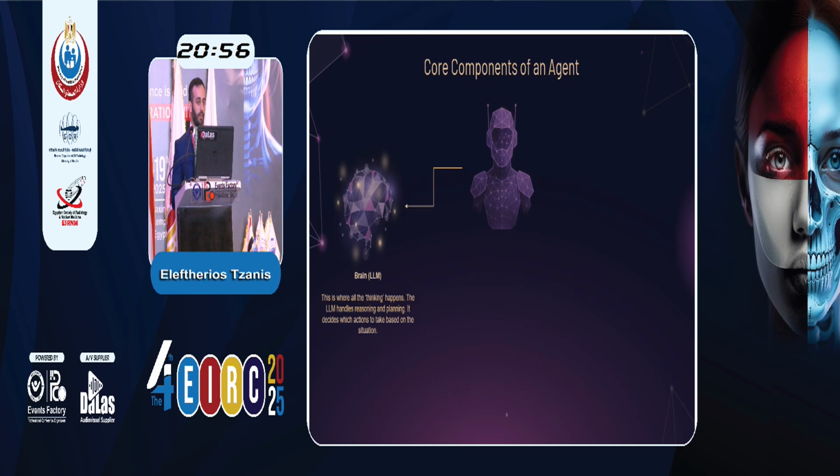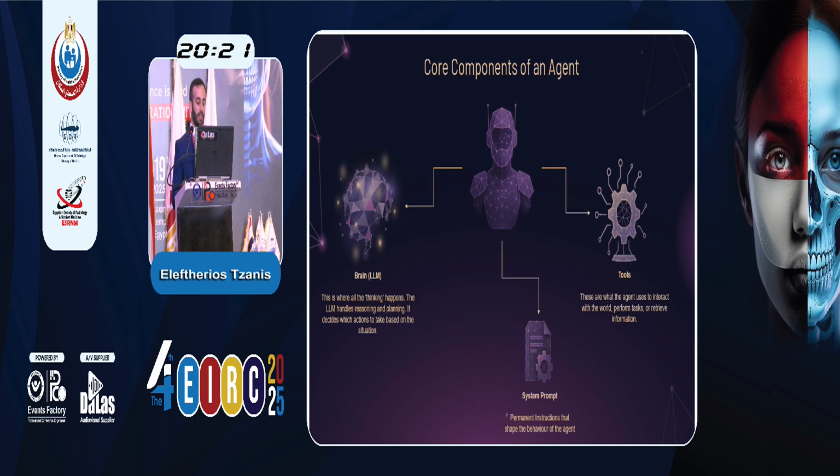First, we start with the large language model, which is basically the brain, the core reasoning engine of these systems. It decides which actions to take based on the situation and, of course, creates the necessary completions. Then we have the tools. These are what the agents use to interact with their environment. They can have access to databases and pre-processed data or develop machine learning models.